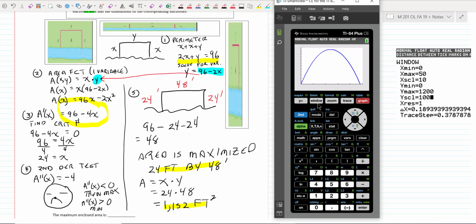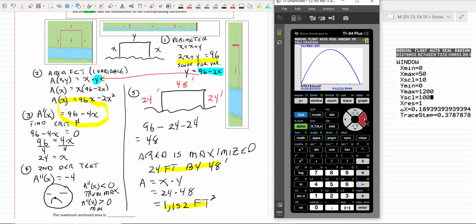A way that you can use technology to verify this: once you get your area function in there, you can go second calc, and then option 4, which is maximum. You get a left bound, so you move the cursor a little bit to the left of where you can visually tell the max is.